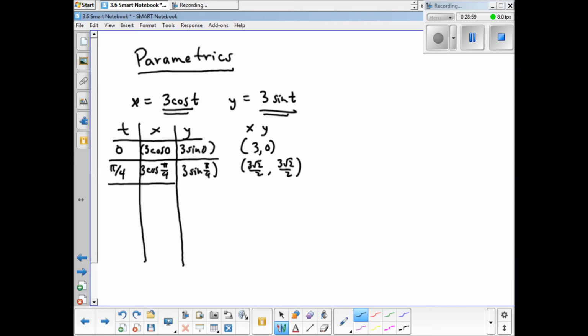And then the next maybe it might be like pi over 2, and you get the hang of it. It's going to be 3 times cosine pi over 2, which is 0, 3 times sine pi over 2, which is 3. So you would plot the point 0, 3, and so on. Okay, it turns out that if you do that, you end up with a circle with radius 3, centered right on the origin. So you can draw it if you like.